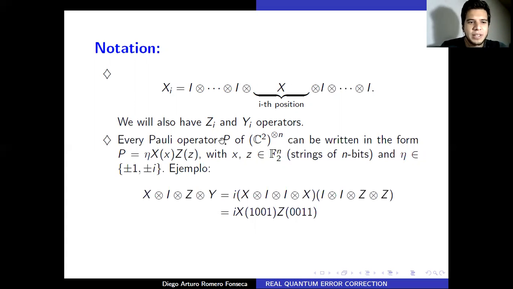And we also have that every Pauli operator can be written in this way, using two bit strings of length n and a phase factor eta, where, as you can see in the example, the first string indicates in which positions there are X matrices, and the second string indicates in which positions there are Z matrices.